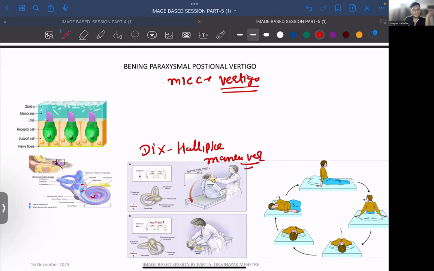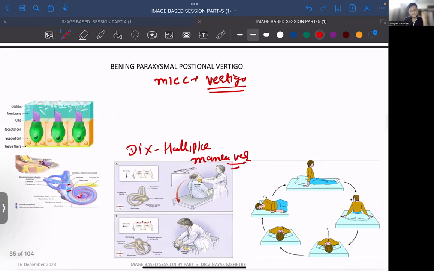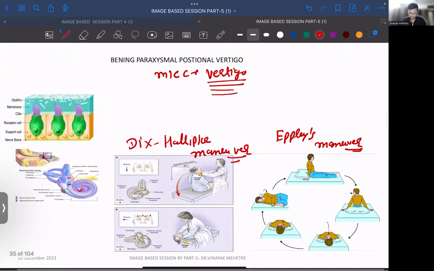Right? Treatment क्या है? Epley's maneuver. Do we need to give anything? No. Otolith बाहर गया, उसे वापस लेके आओ. Right? So vertigo will decrease. That's it. This is the treatment.